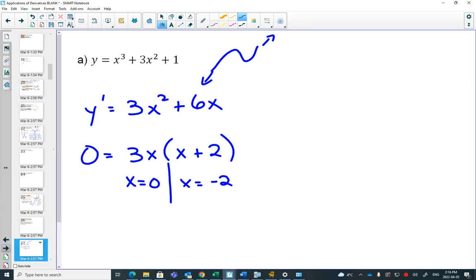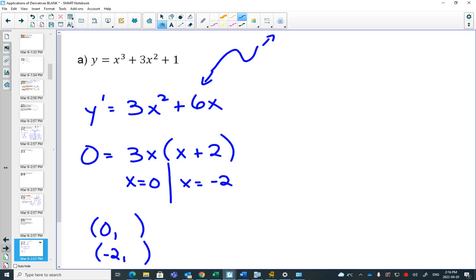I get two places where the derivative is equal to 0. Those will be stationary points. We don't know yet if they're stationary points of inflection, if they're maximums or minimums. But we do know where those points are. We've got 0 comma something and negative 2 comma something.